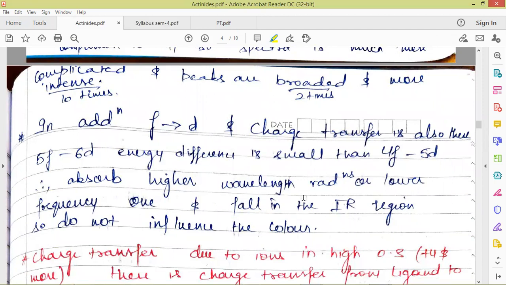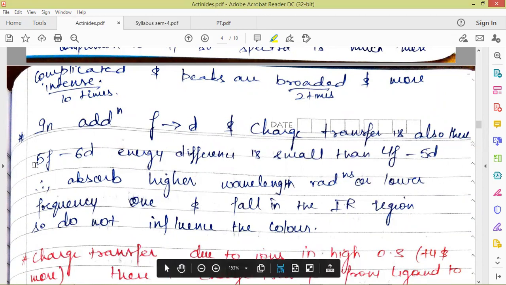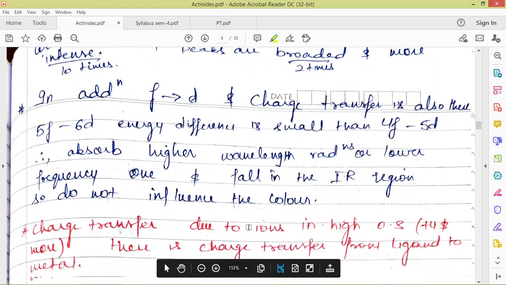So due to lower energy, light of lower frequency is getting absorbed, and that falls in the IR region, not in the UV or visible region. So no color is associated with the f-d transition in case of actinides.